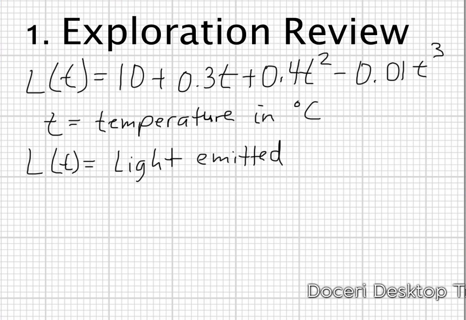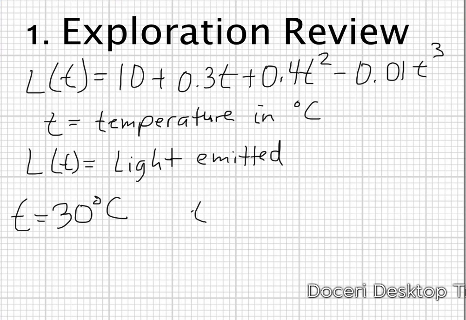So the question was, if it's 30 degrees outside, that's my t, how much is the light intensity going to be? All you had to do was substitute 30 in for t and then solve the equation.